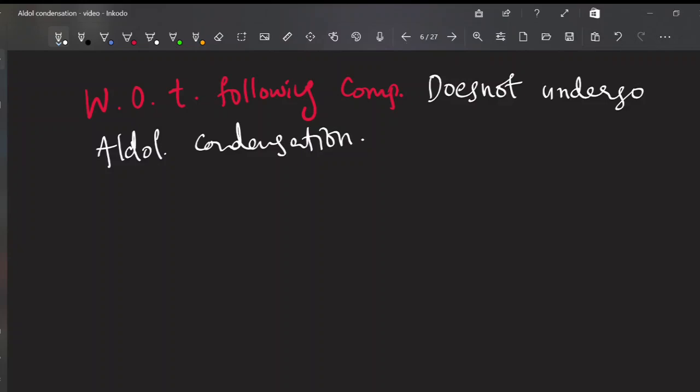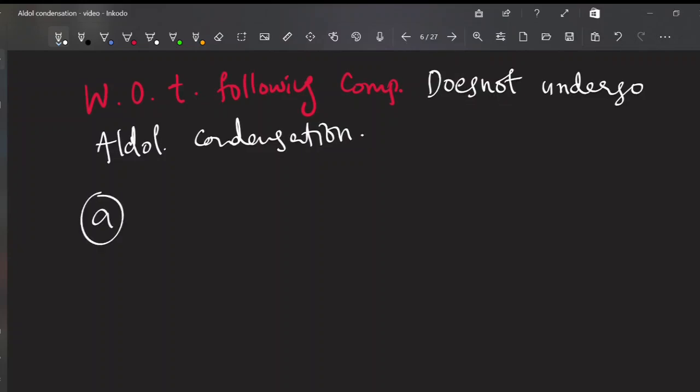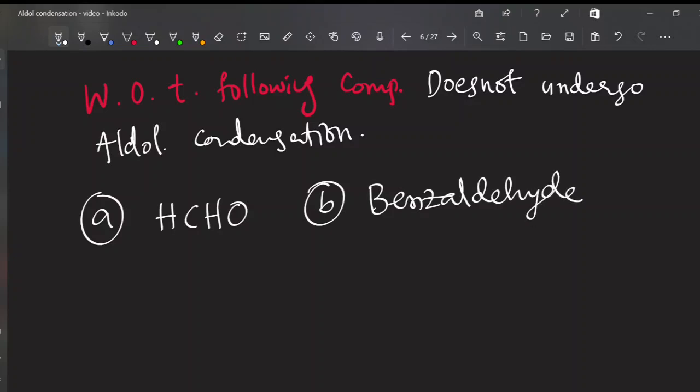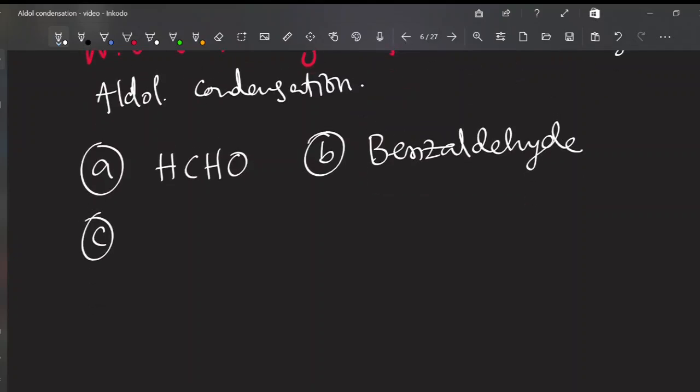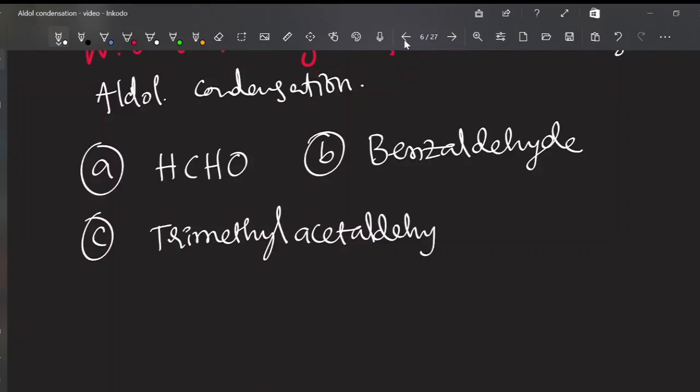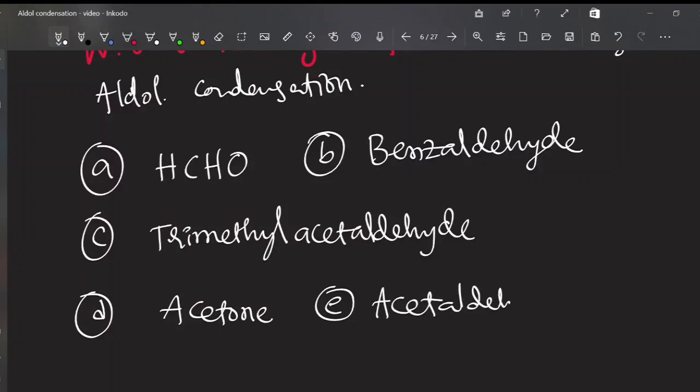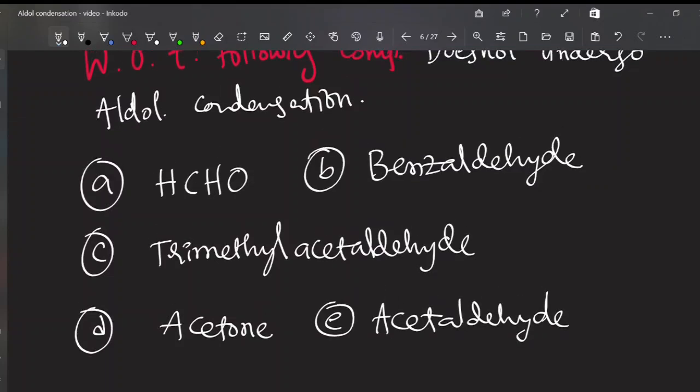The options I'm giving you are formaldehyde, benzaldehyde, trimethyl acetaldehyde, acetone, and acetaldehyde. Come on, try to tell the answer for this.